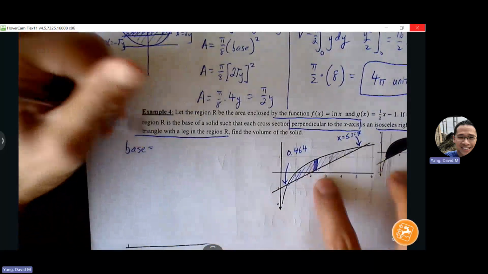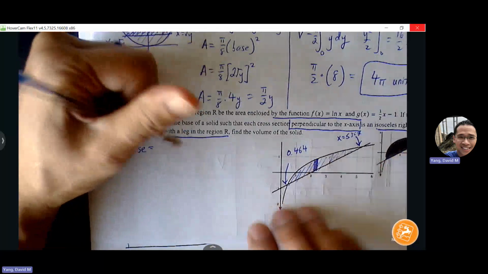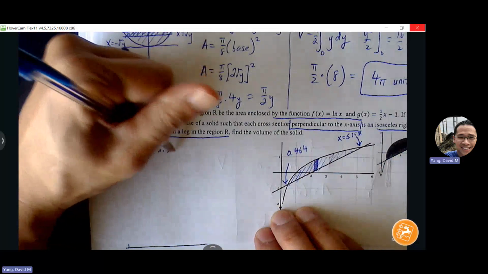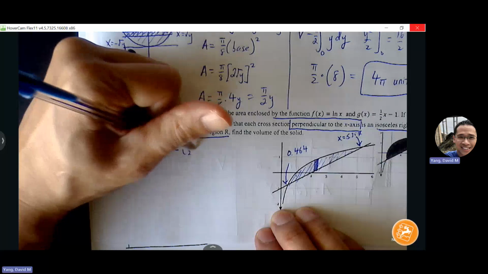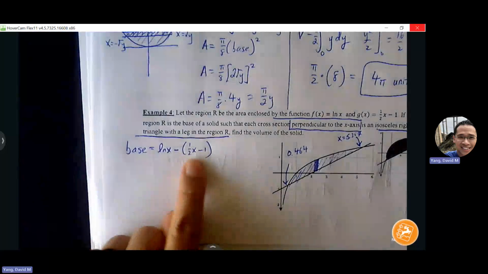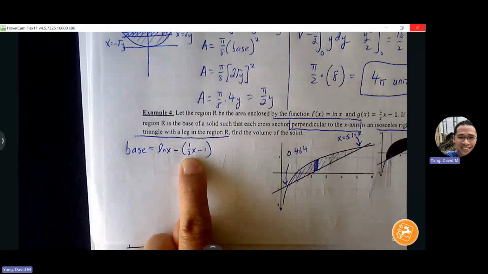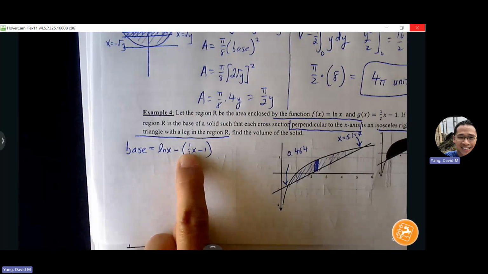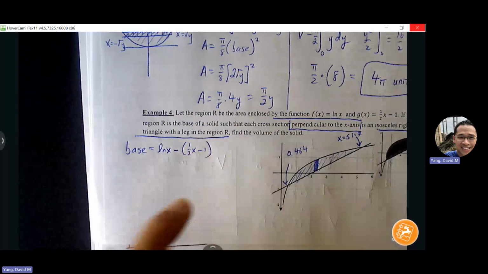Our base length is top minus bottom. Top is sitting on the natural log. Bottom is sitting on the 1/2 x minus 1 here. Make sure you protect the bottom from the negative there. So as a reminder, you got to distribute that negative through.